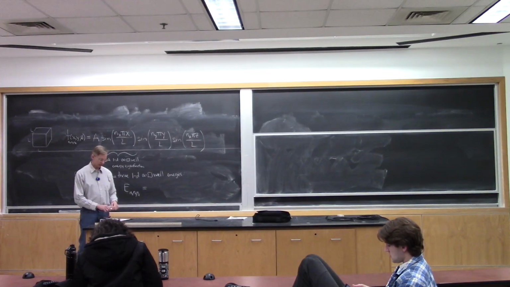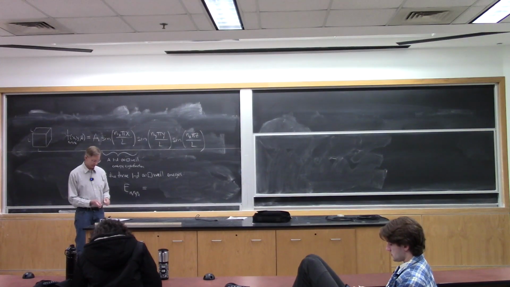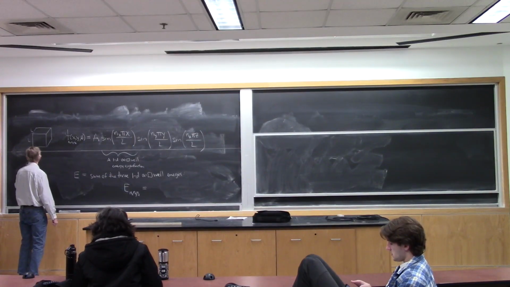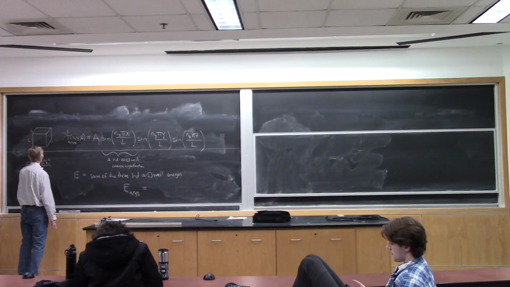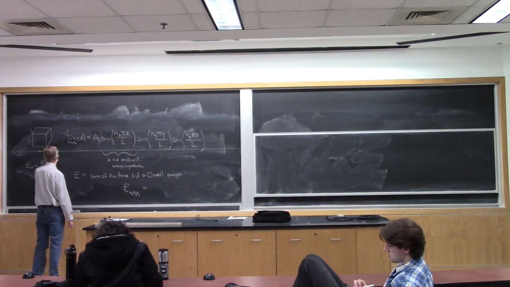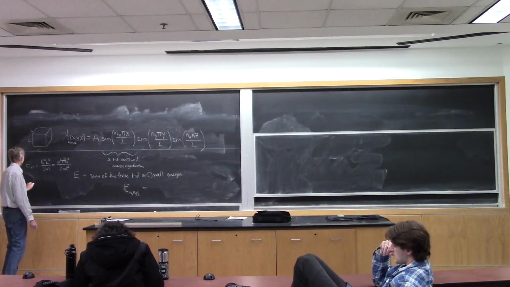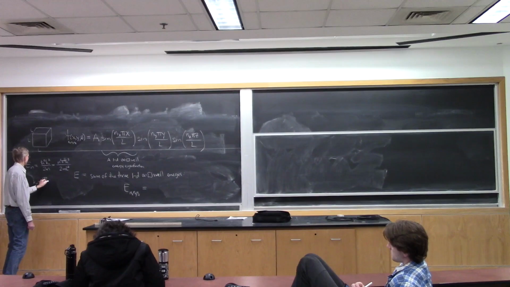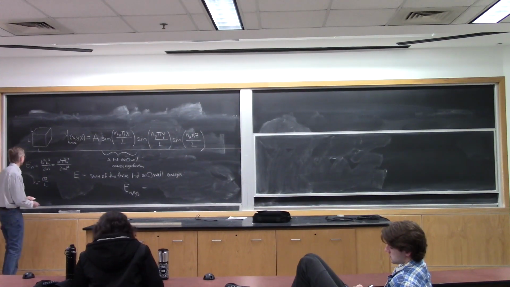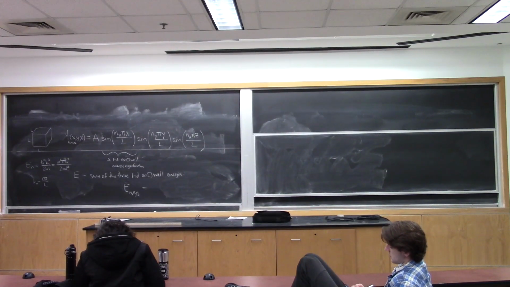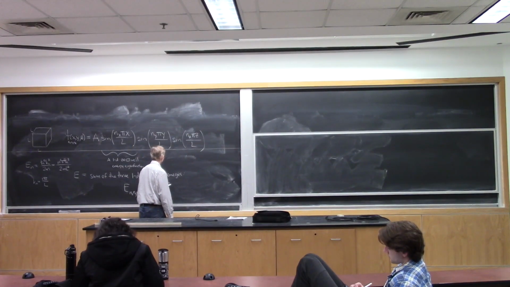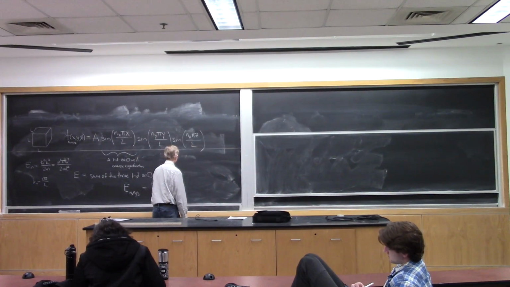So remember, for the 1D, E_n was h bar squared k sub n squared over 2m, and that turns into n squared pi squared h bar squared over 2m L squared, when you put in that k sub n is n pi over L. So here we just have to add the three of them together, and so it'll be n_x squared plus n_y squared plus n_z squared over 2m L squared times pi squared h bar squared.